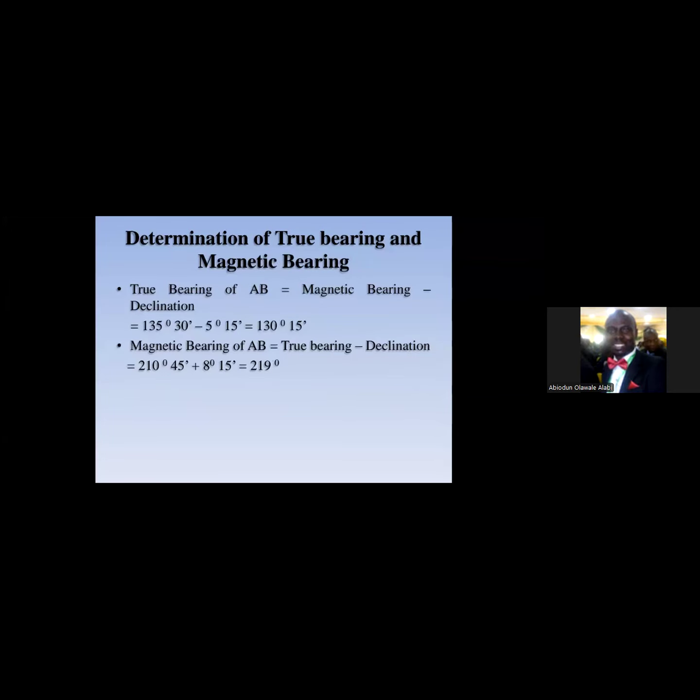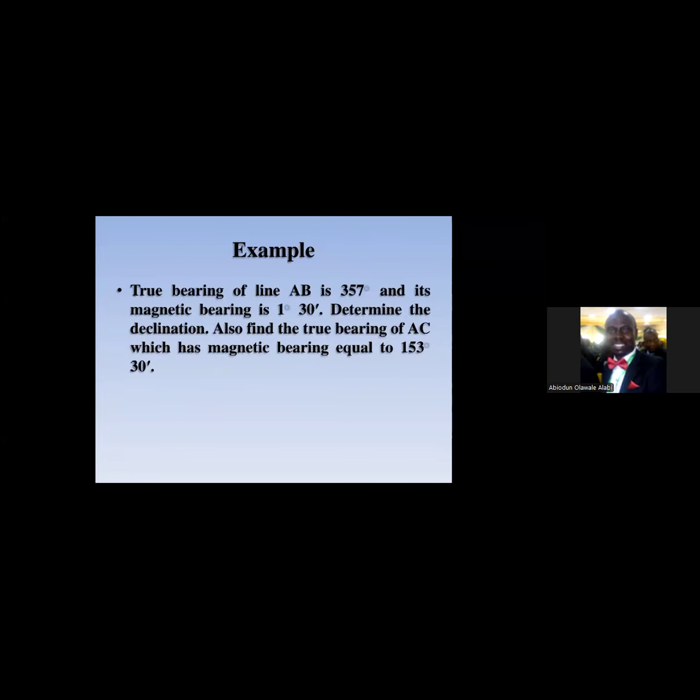All right, and that is what you have here. So note those differences. Another example: the true bearing of line AB is 357 degrees, and its magnetic bearing is 1 degree 30 minutes.